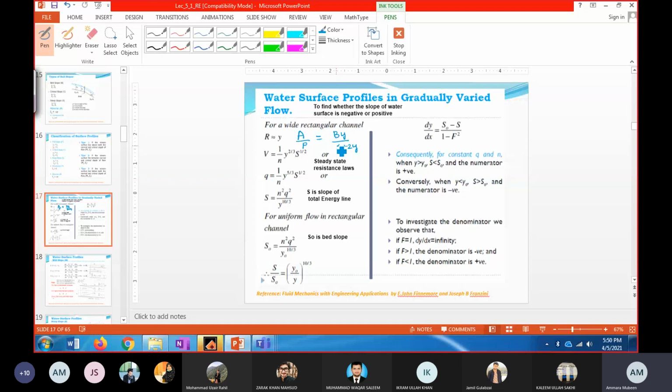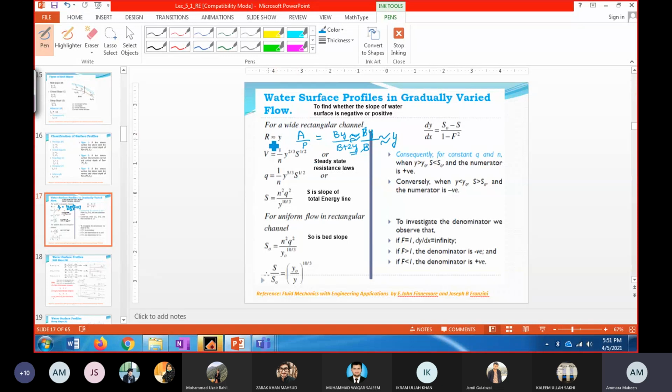The perimeter will nearly be equal to b, as this 2y value is negligible compared to the b value. So you can simply write b y over b, neglecting the 2y term, as it is a very small value compared to b. So b and b cancel, and the hydraulic radius can nearly be said as y for a wide rectangular channel.